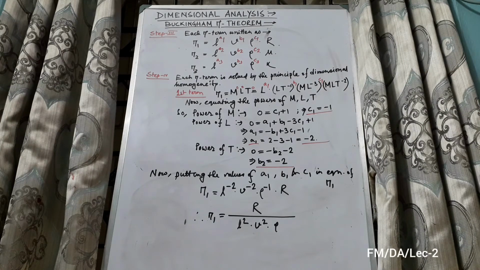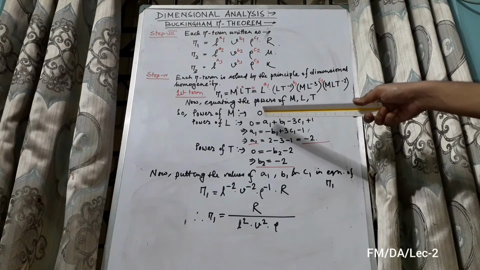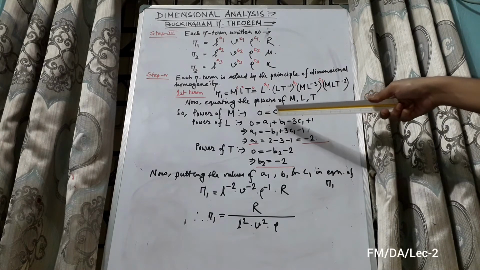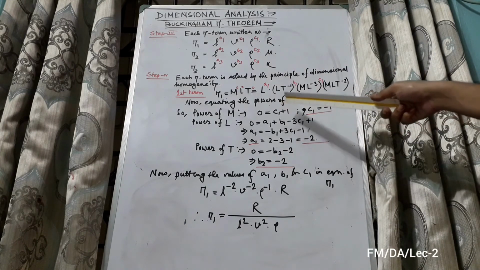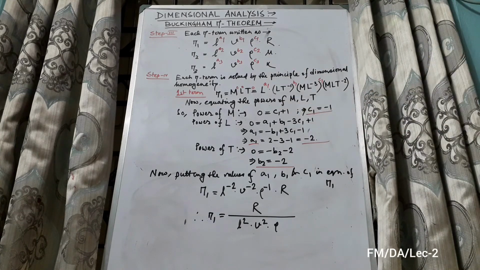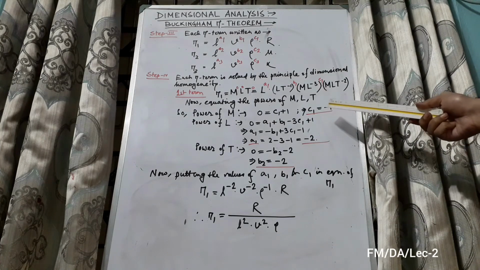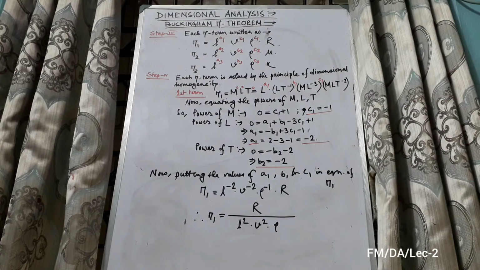So we can write 0 equals C1 plus 1. From this equation we find the value of C1, which becomes minus 1.